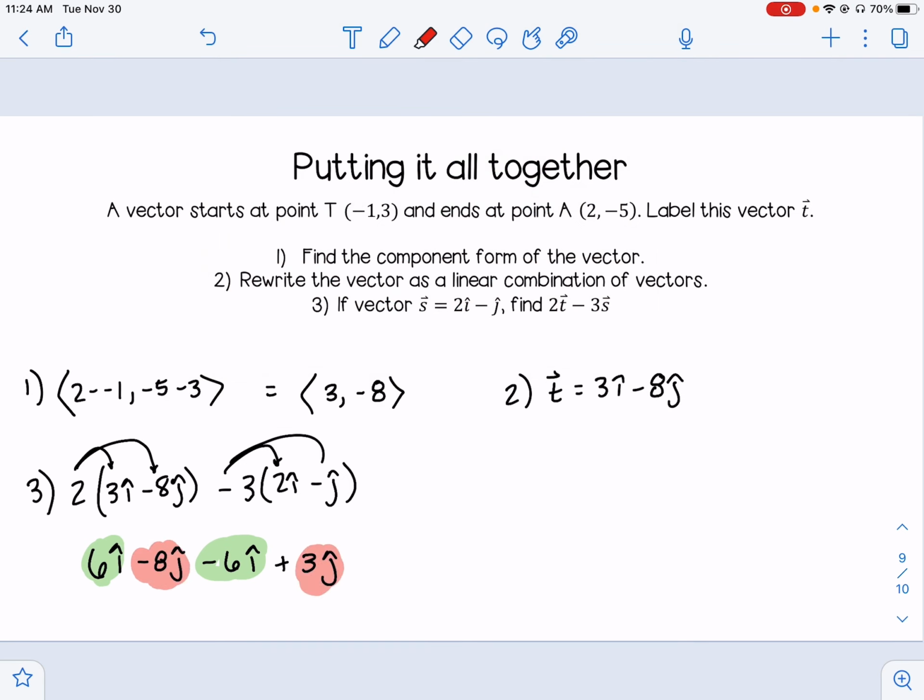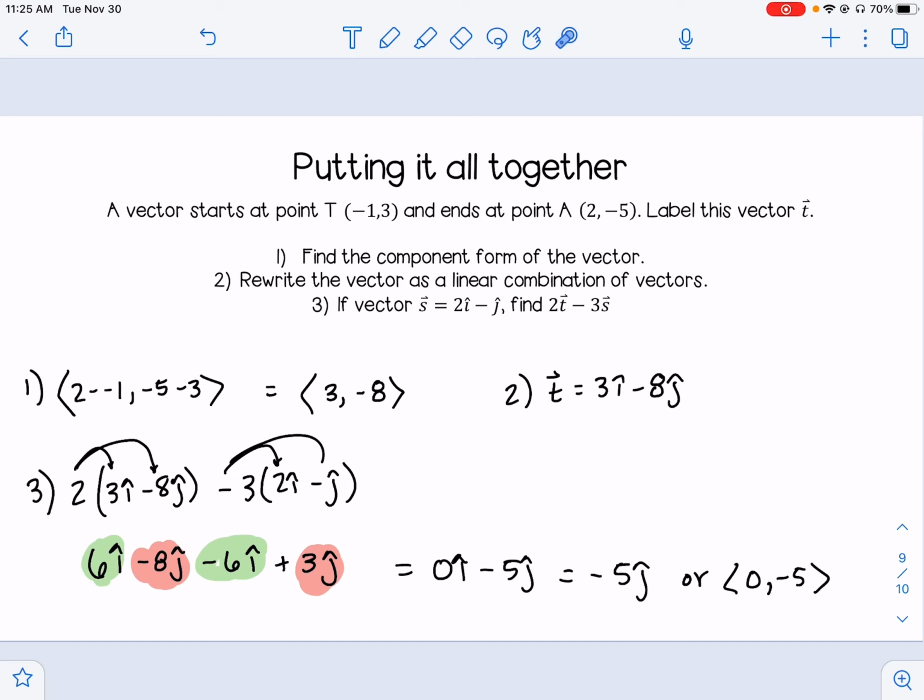So our i's and our j's stay together. When I do this, I get 6 minus 6, well, that's 0i. And then -8 and 3, that's minus 5j. I can actually just leave this as minus 5j. If you wanted to put it back into component form, it would be <0, -5>.